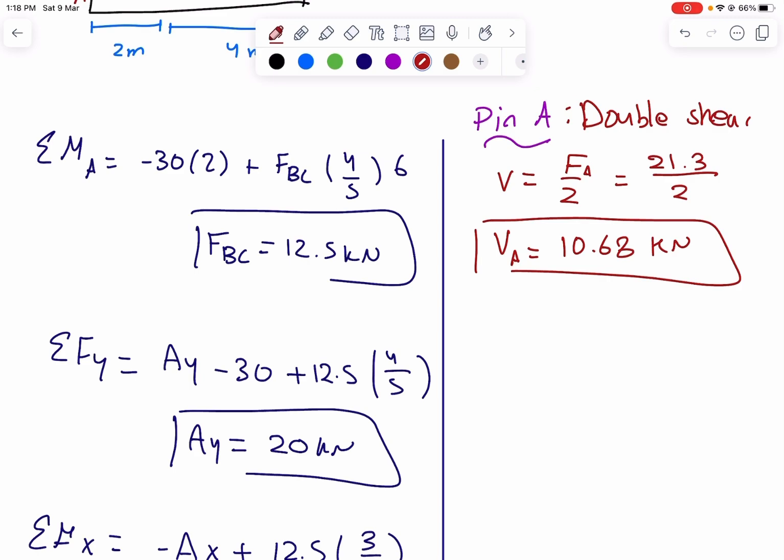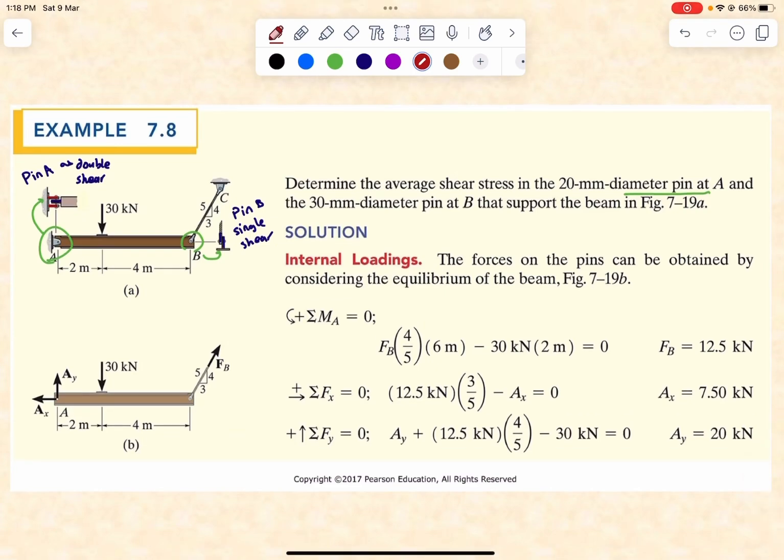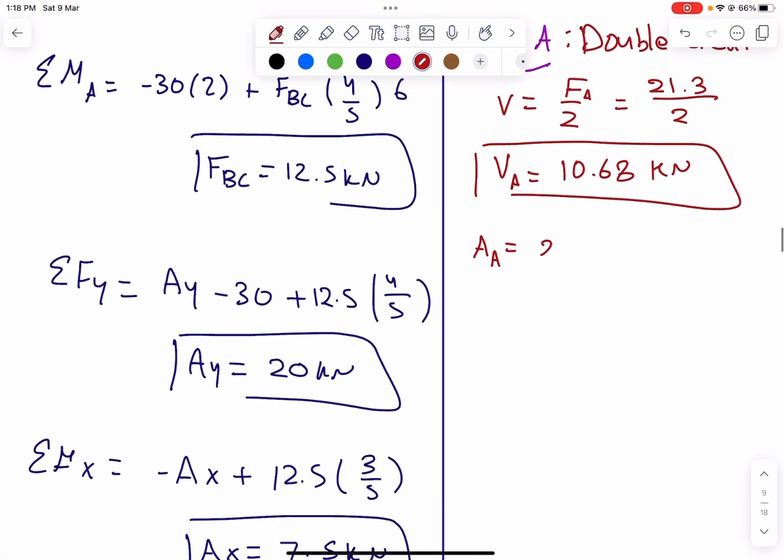And the area of A is 20 squared times pi over 4. So my total shear at A will be equal to VA over area of A. We need to convert this one to Newton, so multiply it by 1000.